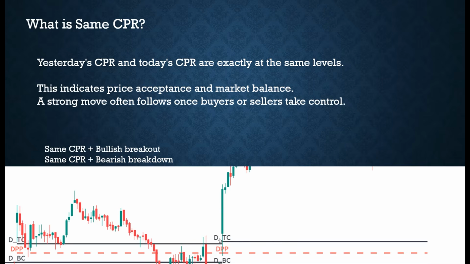If there is a same-day CPR and the price opens above the CPR level, buyers are in control, and you can look for long trade opportunities above this level. For same CPR plus bullish breakout, you need to wait for the breakout before entering the long trade. For same-day CPR plus bearish breakdown, you need to wait for the CPR breakdown in order to enter short trade opportunities.